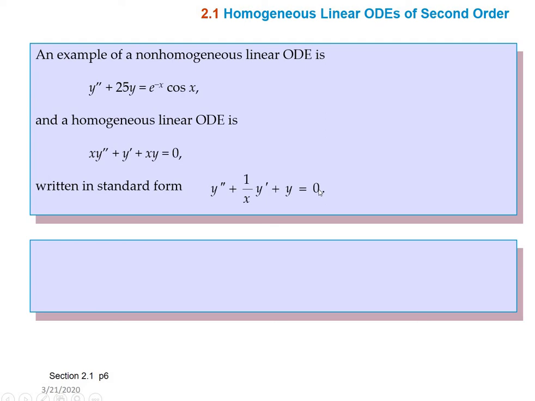Now, if you need to find p of x, it's 1 over x. q of x is going to be 1. r of x is going to be 0.